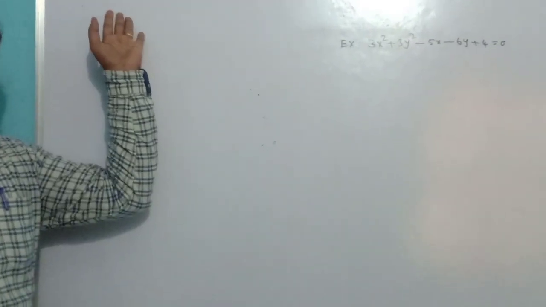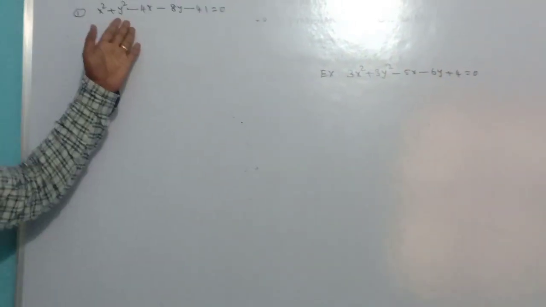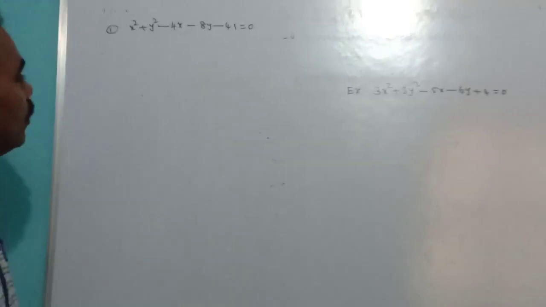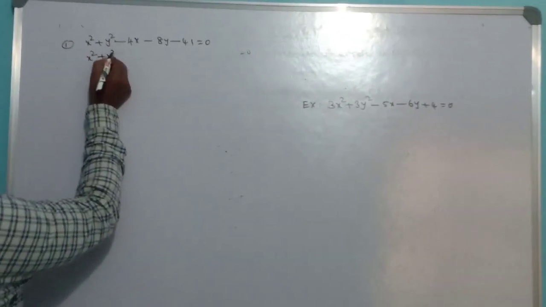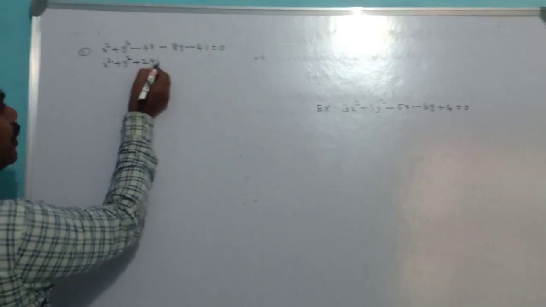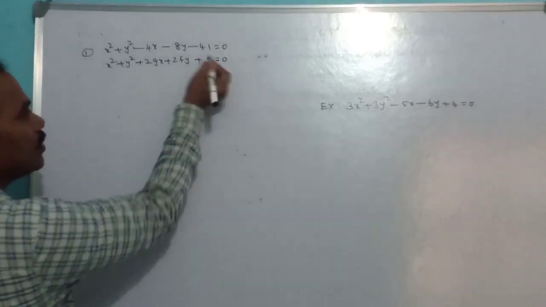Let us find the center and radius of the circle. To find the center and radius of this circle, we compare this equation with the general form x square plus y square plus 2gx plus 2fy plus c equals to 0.